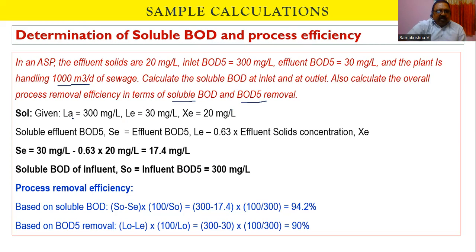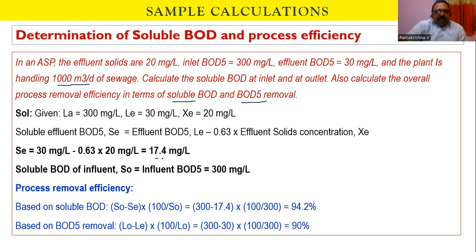So let us write all these things first. Inlet BOD 300 milligram per liter, outlet BOD is 30 milligram per liter, outlet solids 20 milligrams per liter. So the soluble effluent BOD, SE, we have to calculate such that it is effluent BOD minus 0.63 times effluent solids concentration.